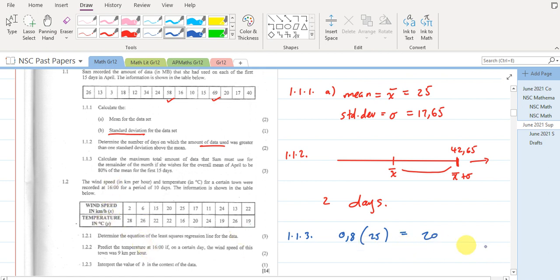So we want the total, so calculate the maximum total amount of data that Sam must use for the remainder of the month. So we have remainder of the month, we've got 30 days in April, so the remainder of the month we've got 15 more days, right? So how much of data must she use? So which is the overall mean? You want the total amount of data. She wishes for the overall mean of April to be 80%.